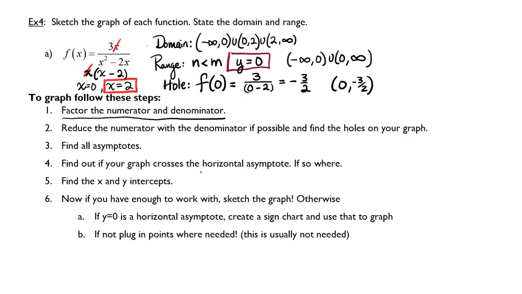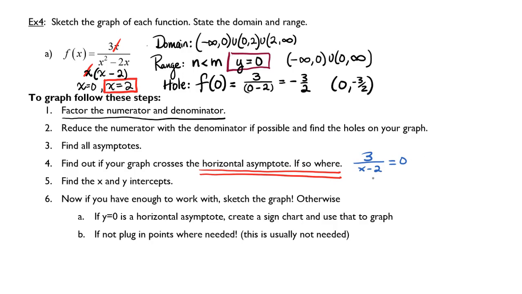Find out if your graph crosses the horizontal asymptote. If so, where? We can find out if it crosses the horizontal asymptote by setting the remaining function equal to y equals 0. 3 over x minus 2 equals 0.